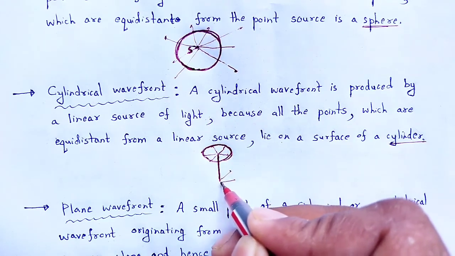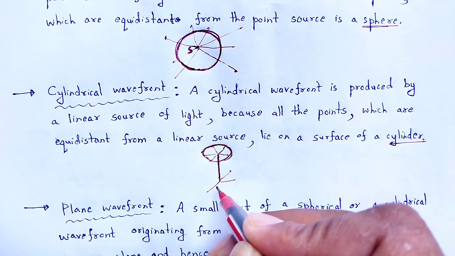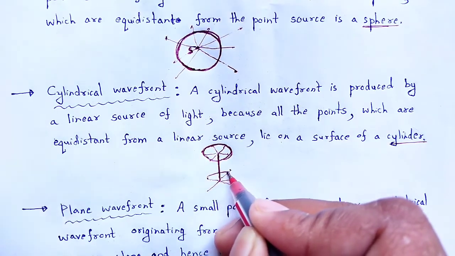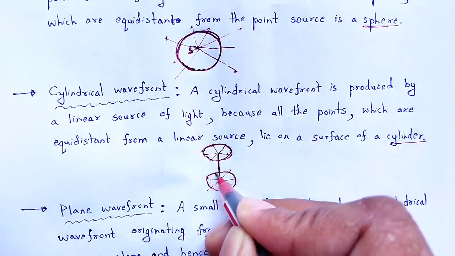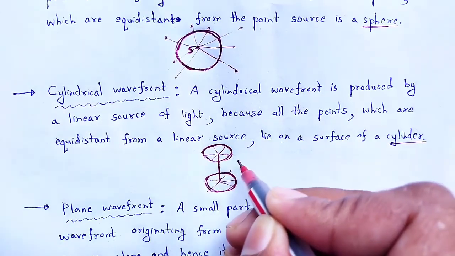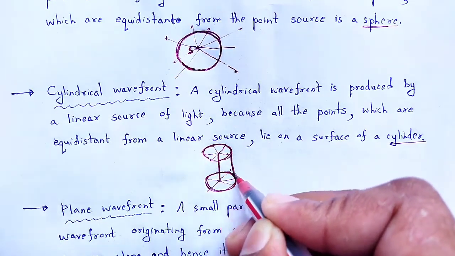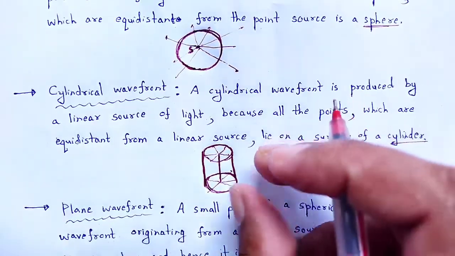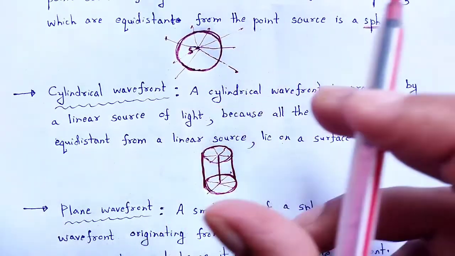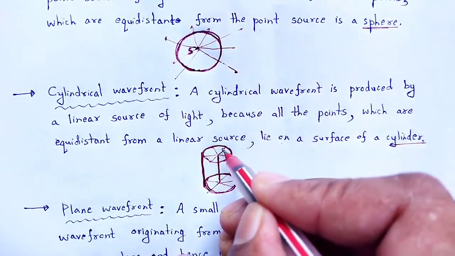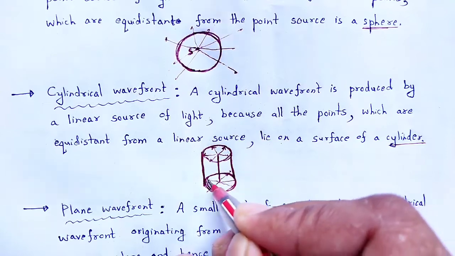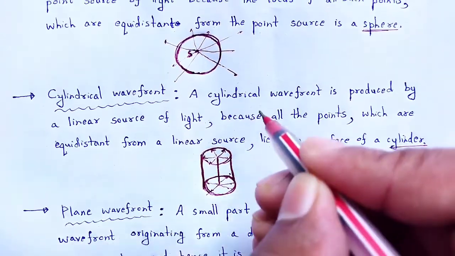Again the same thing here. That looks like a cylindrical wavefront. This arrowhead represents the direction of light.